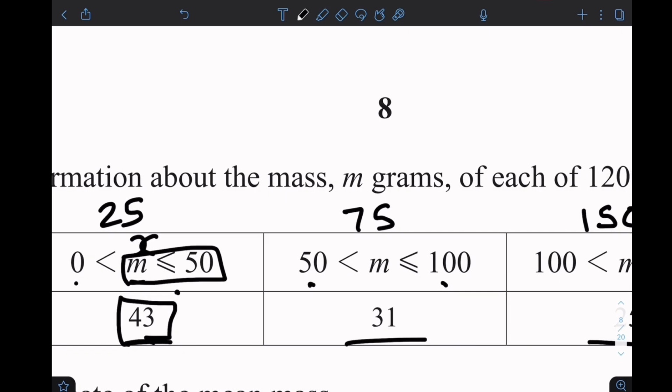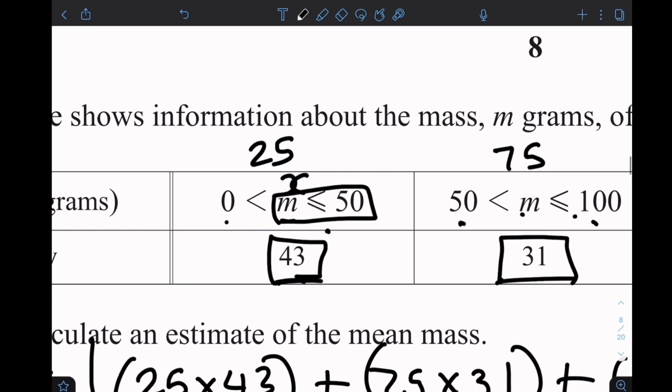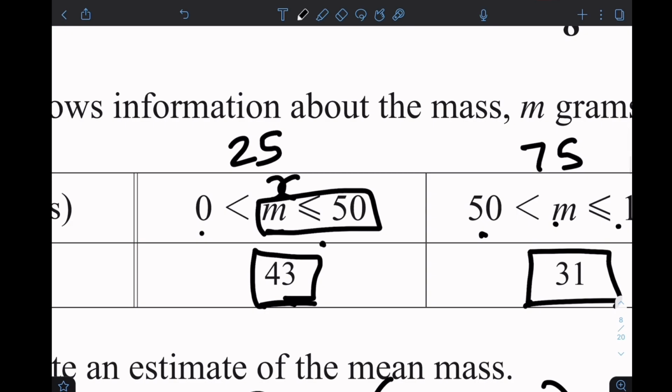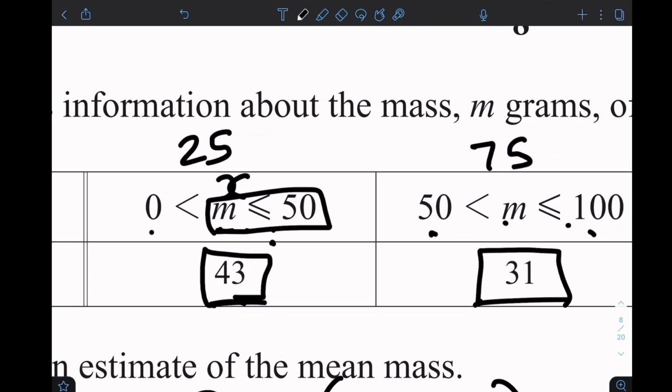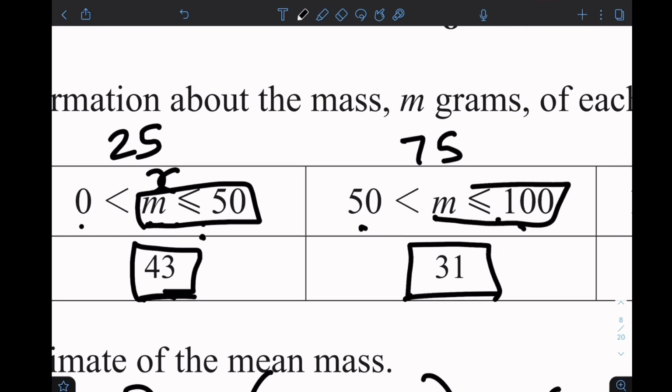Right here there are 31 times where m is between 50 and 100, but if m is less than or equal to 50, that also falls into the category of m less than or equal to 100.